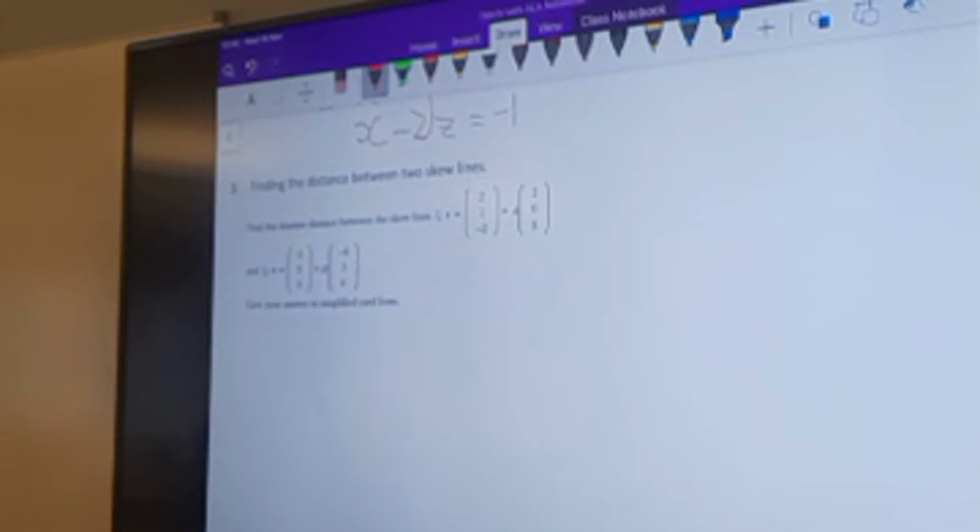I'm going to say: the distance, the length of the projection of the line joining, in the direction of.